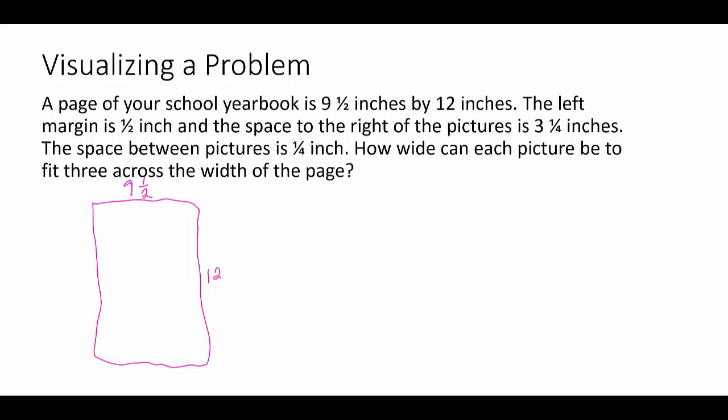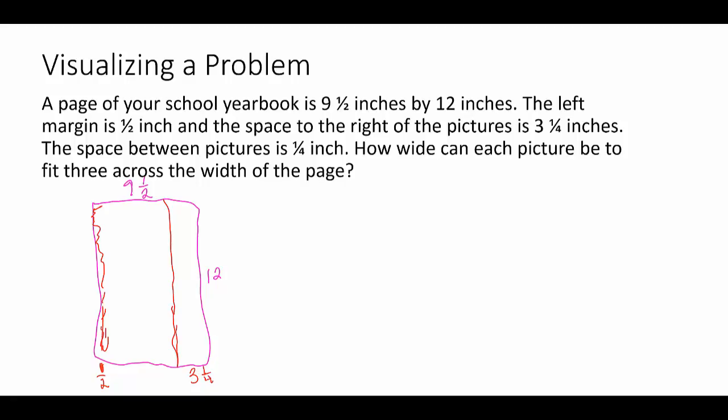So on the left is a 1/2 inch margin. So there's a little space over here on the left, which we won't use. That's a 1/2 inch. And then on the right side, there's a bigger area that's where in a yearbook you would see the names of people over here on the side. That's 3¼ inches.